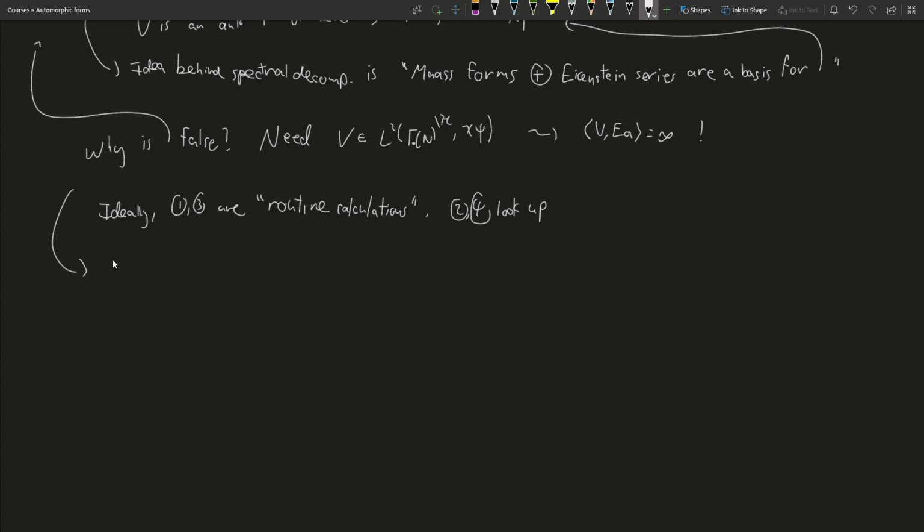So the solution, and this is, I think, the most important new thing that comes from this theorem that we're talking about, the most important new idea is to use "automorphic regularization."